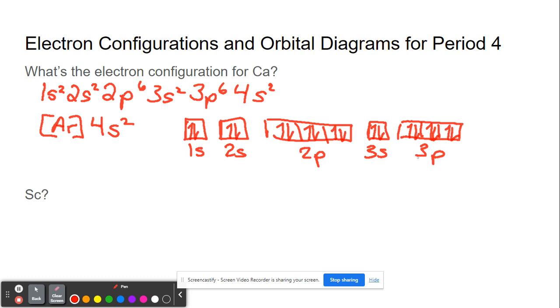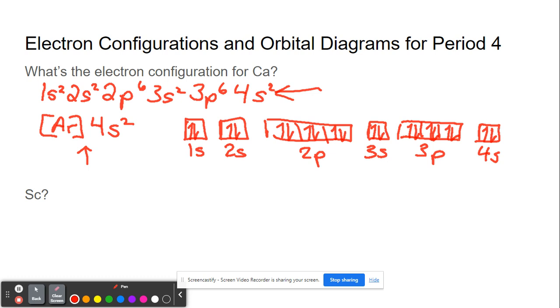We remember that this is just a model, right? They're not empty boxes to be filled. We just kind of talk about them that way. Then we have our 4s orbital, and we've got 2 electrons in that. So this is the long form electron configuration for calcium. This one here is the short form electron configuration for calcium. And this is the orbital diagram for calcium.